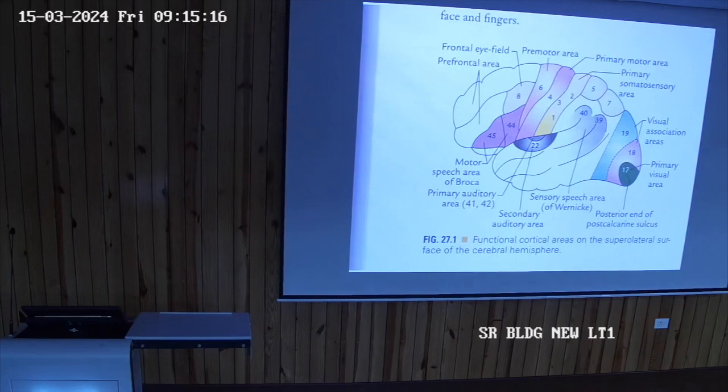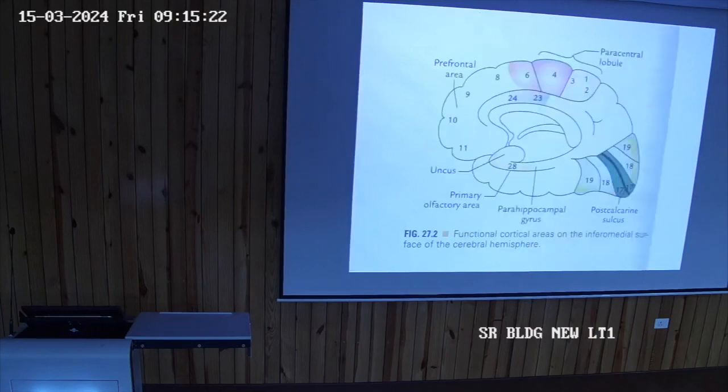Both simple, no problem. Then on the medial surface, if we look here, area number 24, 23 and 28 is here on the uncus part. What is this? This is the corpus callosum. Above the corpus callosum, there is the callosal sulcus, and this is the cingulate sulcus.